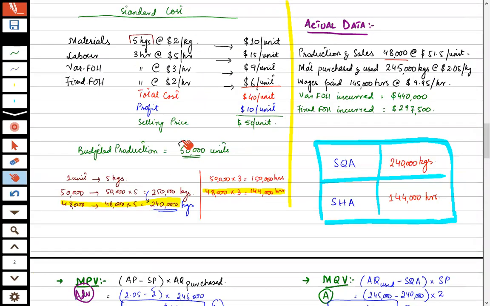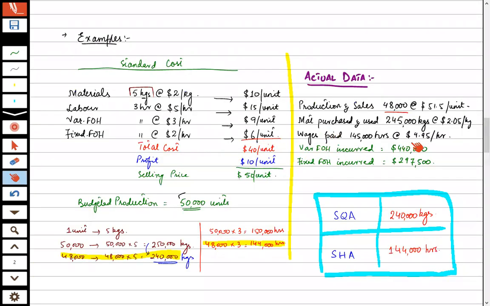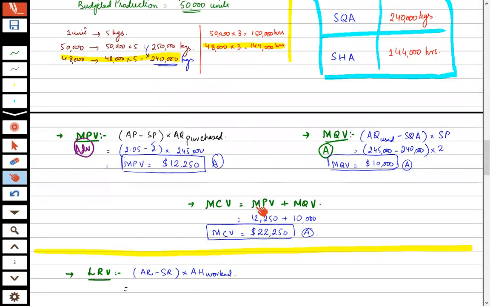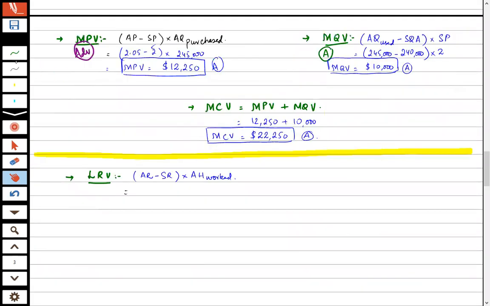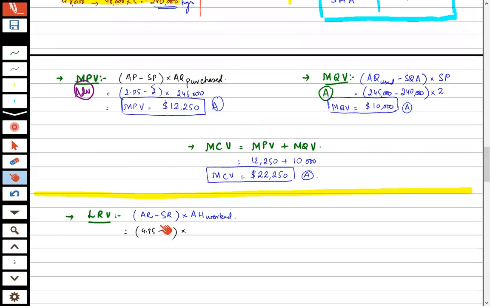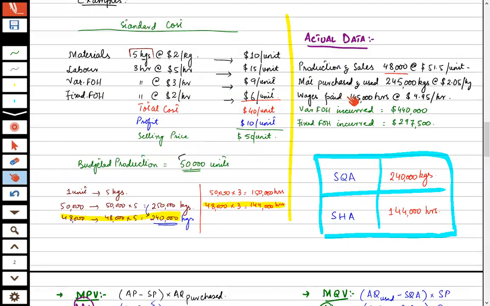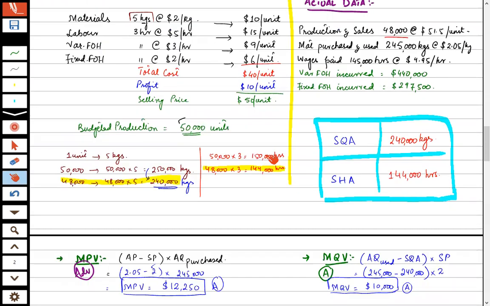Actual rate was paid at 4.95 and the standard was 5. So 4.95 minus 5 into actual hours worked, 145,000.